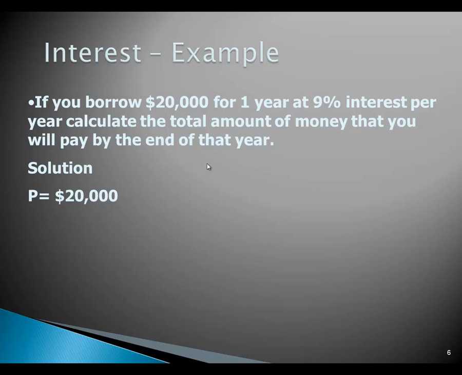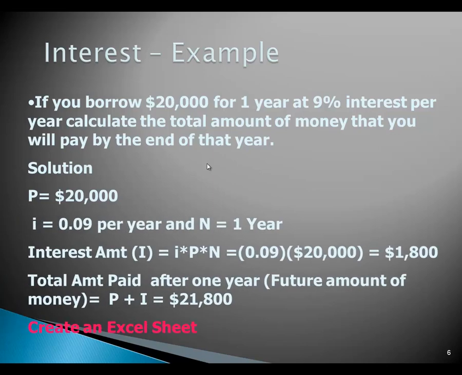The interest rate I is 9%, and 9% is 9 over 100, and the number of periods N is equal to 1 since I'm talking about 1 year.